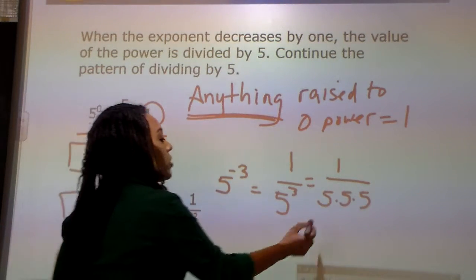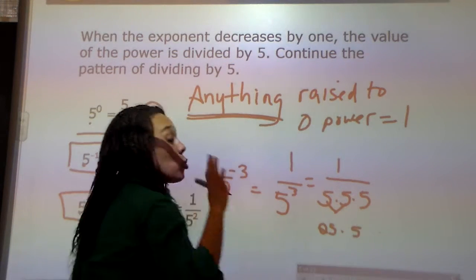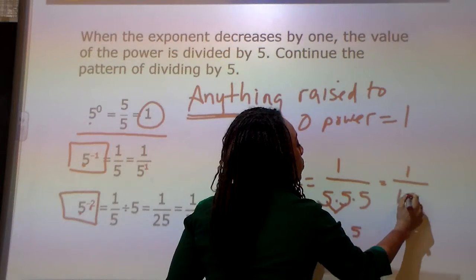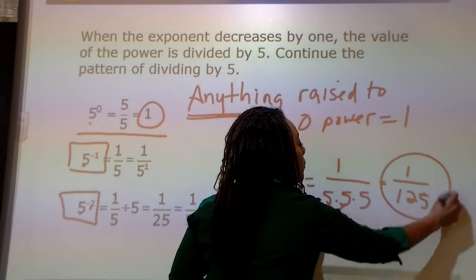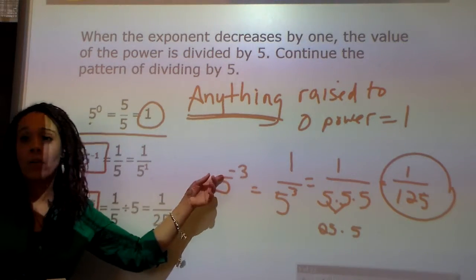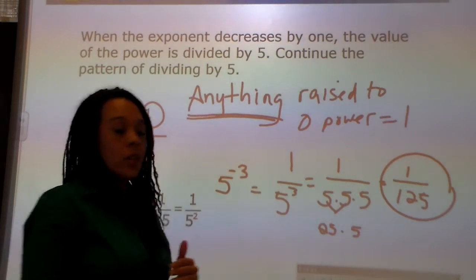Well, 5 times 5 is 25, and 25 times 5 is 125. 1 over 125 would be your answer for 5 to the negative 3rd power. I hope you caught that, because that's the major part of the learning today.